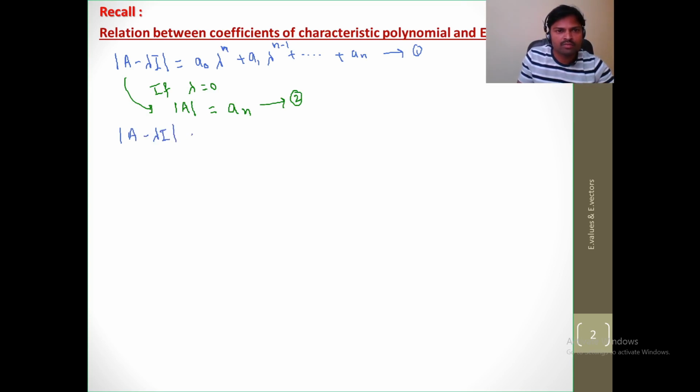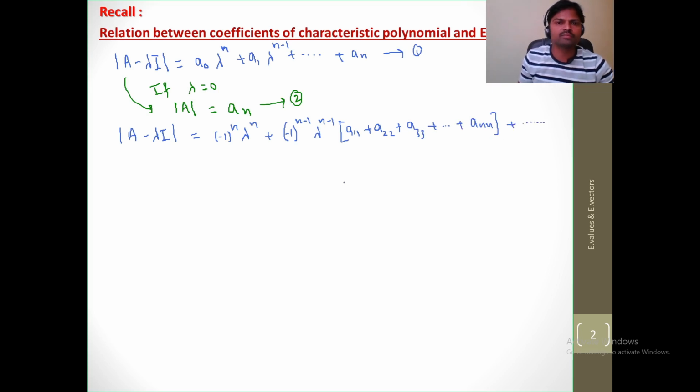The characteristic polynomial is of the form: a naught, or simply, minus 1 whole to the power of n into lambda to the power of n, plus minus 1 whole to the power of n minus 1 into lambda to the power of n minus 1, and its coefficient is a11 plus a22 plus a33 plus up to so on, plus a nn, and plus up to so on.